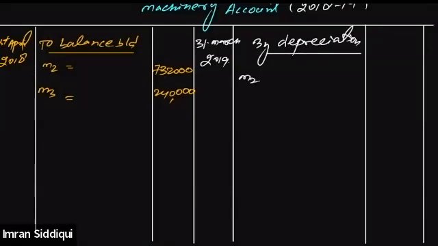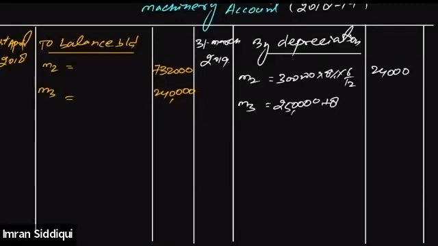In respect of M2 and M3, depreciation in respect of M2 will be charged on 3 lakh, that is the opening value of the machine, into 8% per annum for the entire 12-month period, which will be 24,000. And for M3, depreciation will be charged on 2,50,000, which was the opening value of machine 3, into 8% into 12 upon 12.